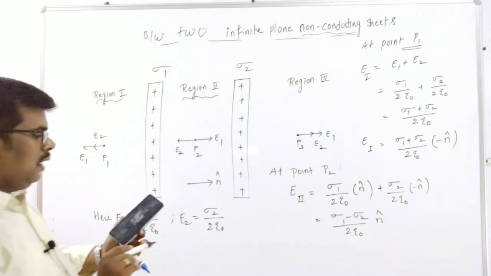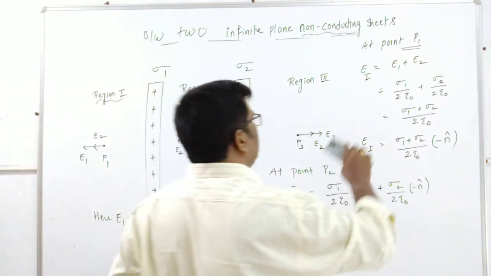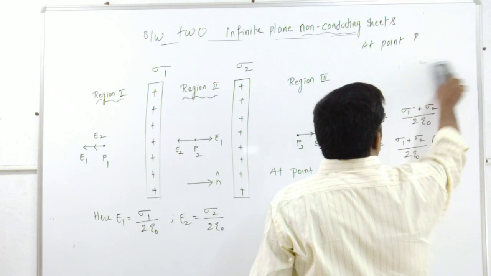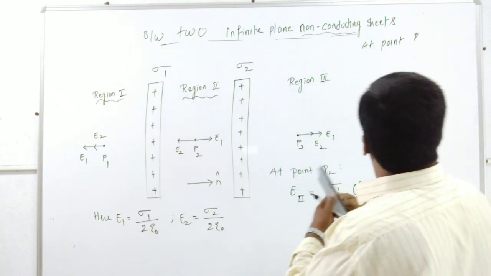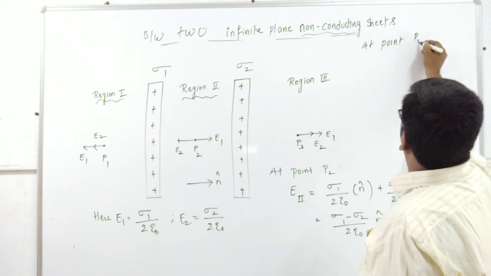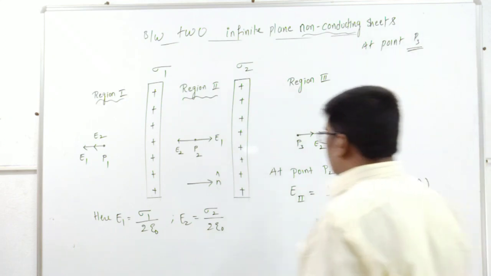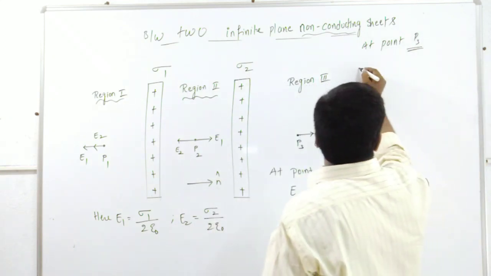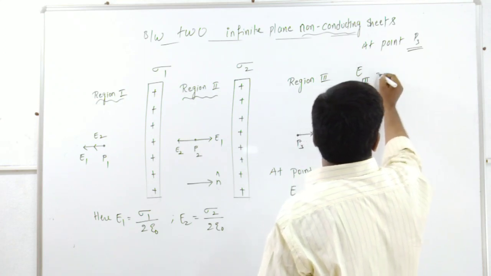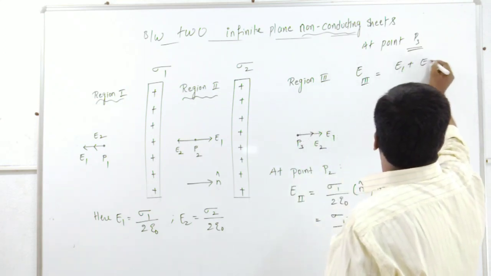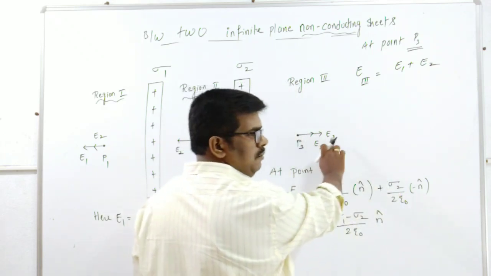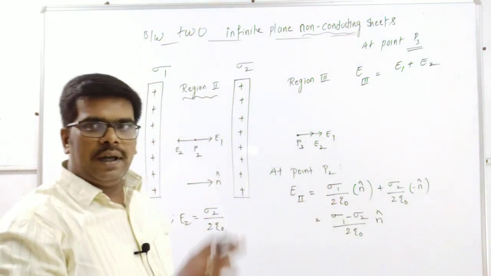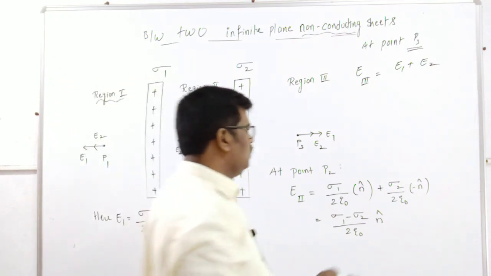So directly we can write that we can take the electric field intensity here at point P3. At point P3, I am writing E3 equal to E1 plus E2. E1 plus E2 both are along the same direction, that's why we are writing E1 plus E2.